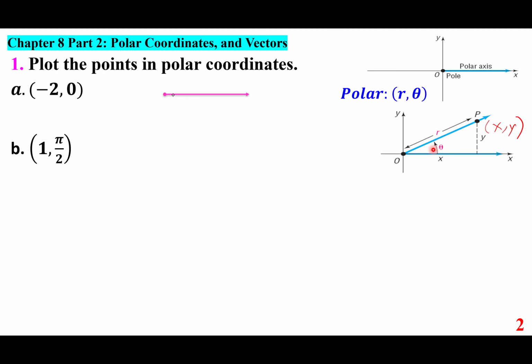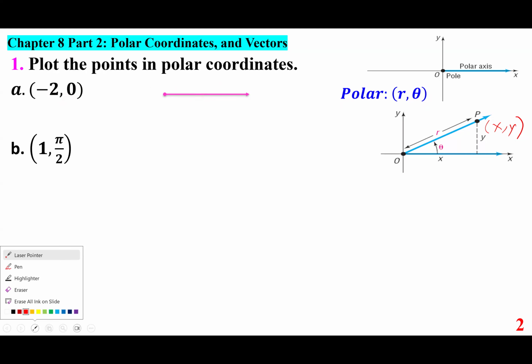So to do this, you start with the polar axis, the positive side. You always start with theta. What is theta? 0. 0 degrees is in this direction. If it's positive, you go 1, 2.